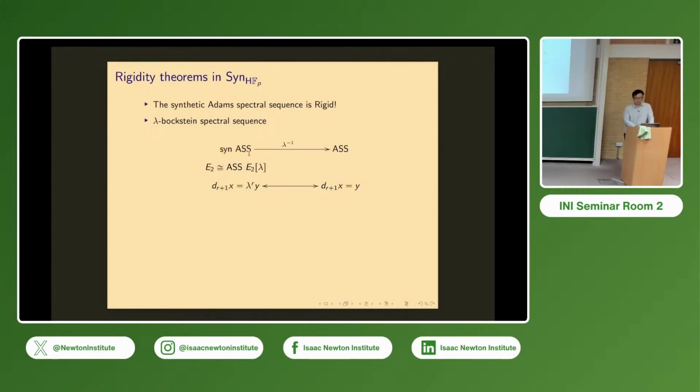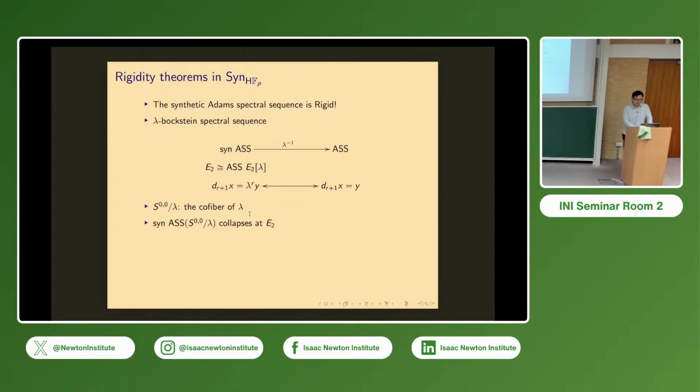So it's the synthetic Adams E2 page converging to the synthetic bigraded homotopy groups of spheres, where the E2 page is the classical one, adjoining lambda as a free generator. And there's a map by inverting lambda. Okay, and again, the patterns of differentials determine each other. So if you have a nonzero classical Adams differential, then there's a corresponding synthetic one decorated by a lambda power.